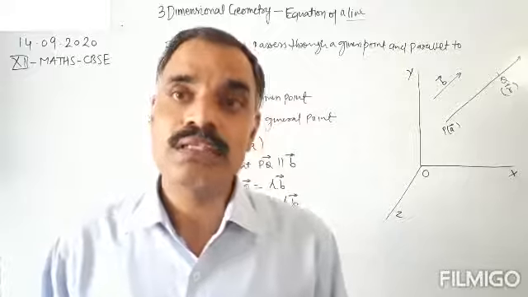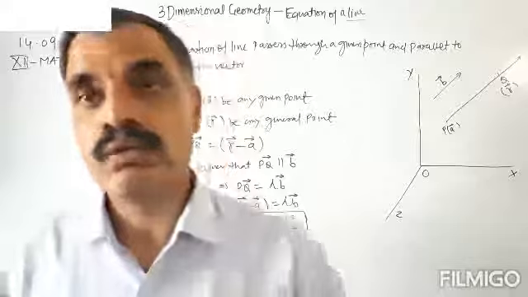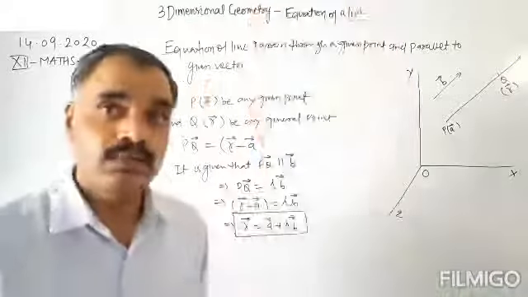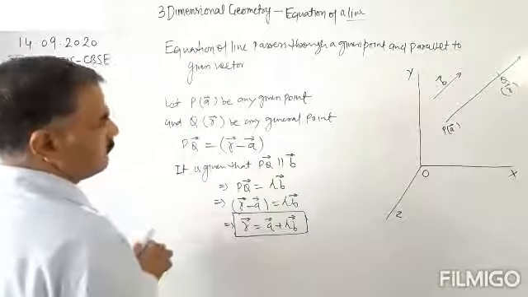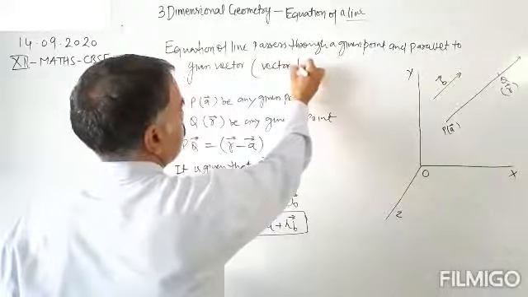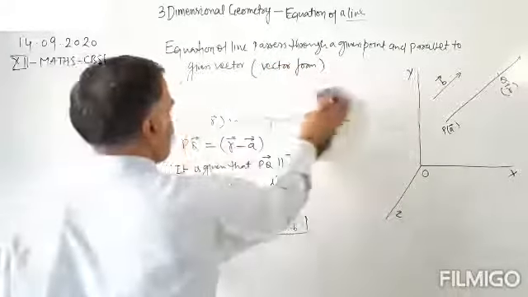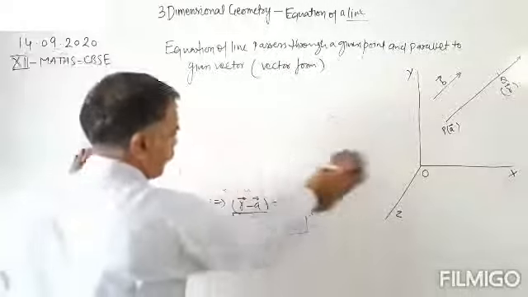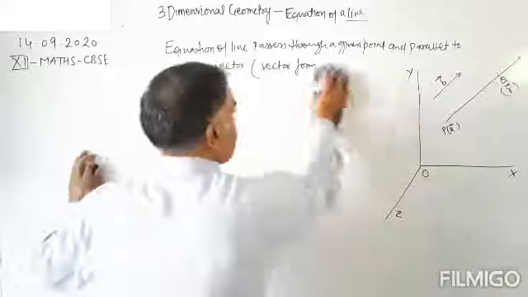So we will convert this vector form into Cartesian form, the Cartesian form of the equation of a line. This is vector form, and now we will have the Cartesian form.